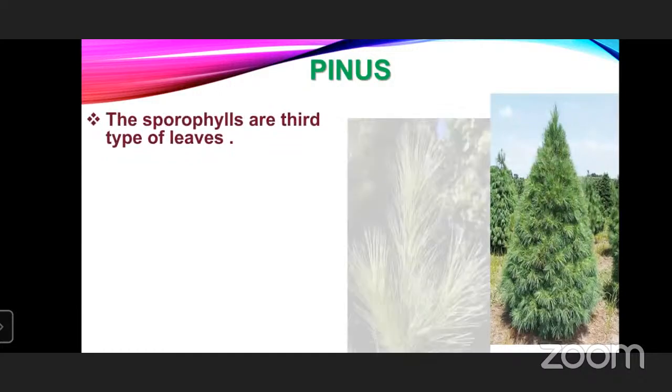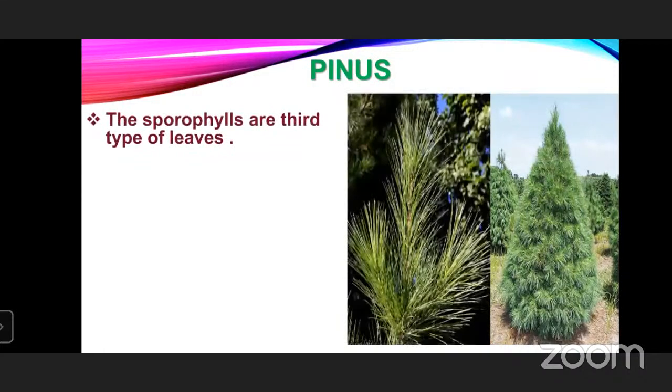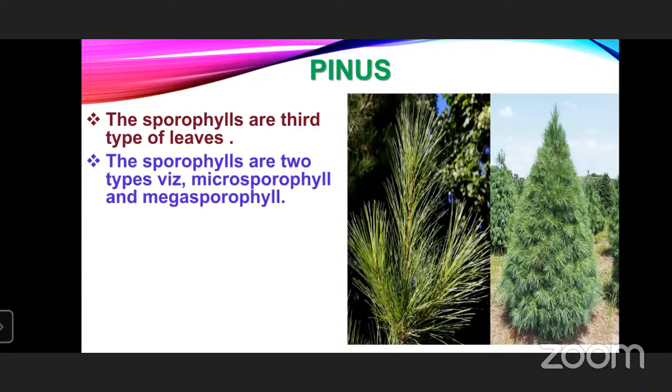And a few species of Pinus are dioecious. Dioecious means male and female cones are present on different plants. That condition is called dioecious condition.